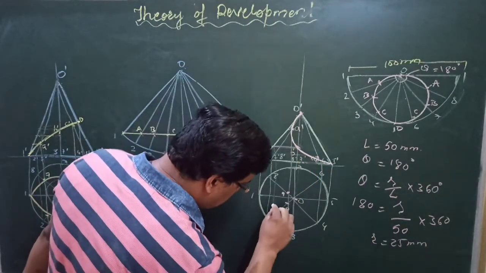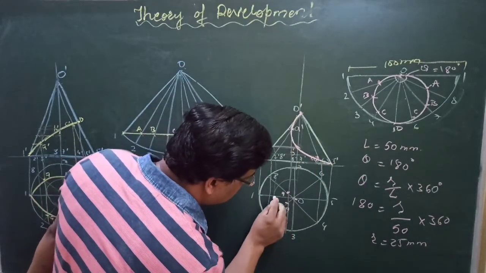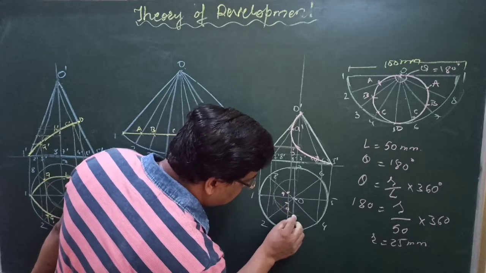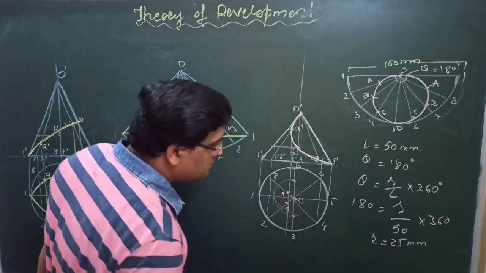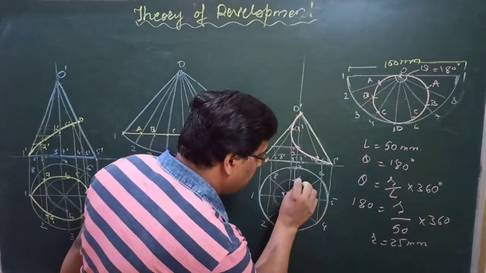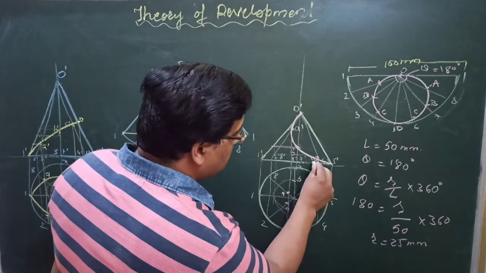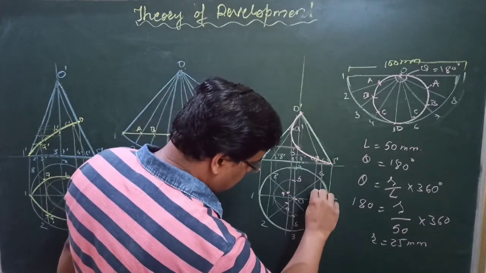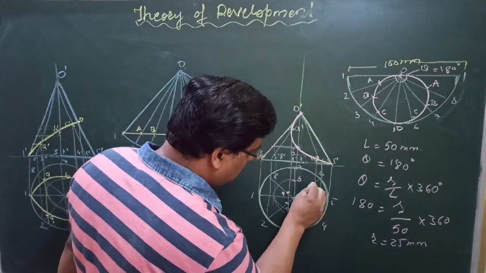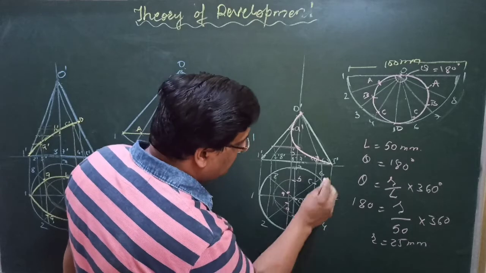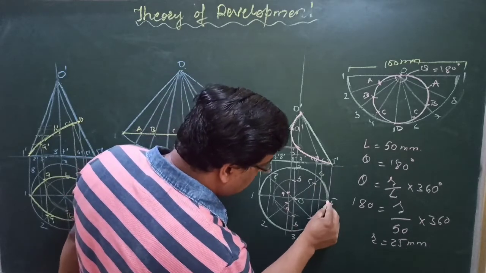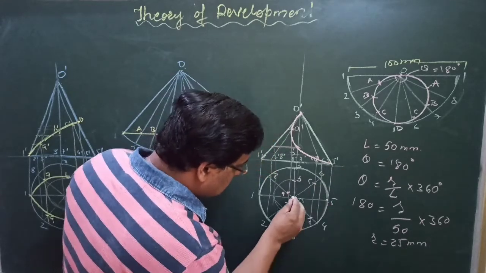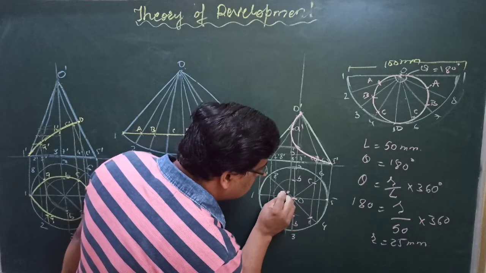First go here, then drop that side and both the sides. So this is B, then C. So these 2 points will be obtained, and then D, this will be the final point. So you will get a structure like this.